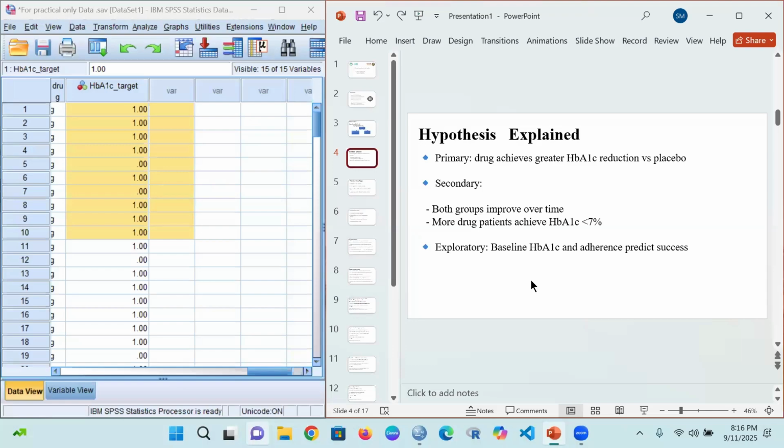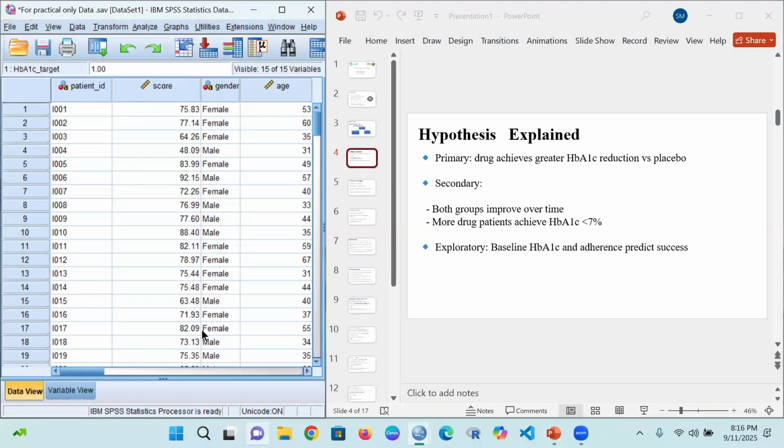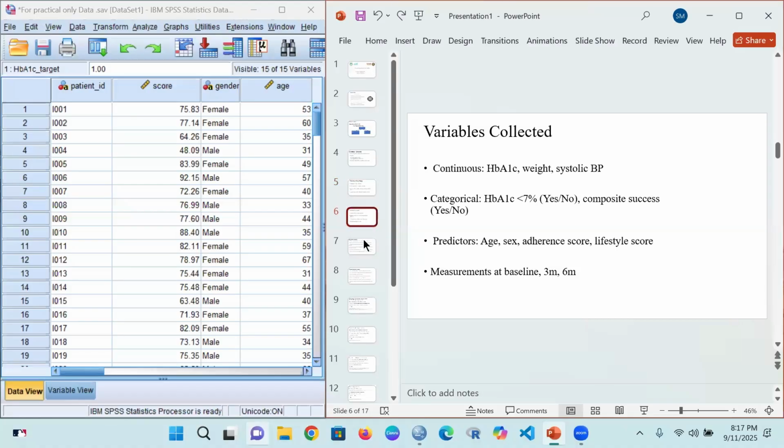Someone can type a conclusion in the comments. Someone can give us a conclusion from all the analysis that we have done on our data.